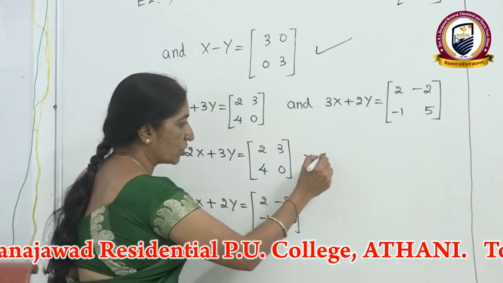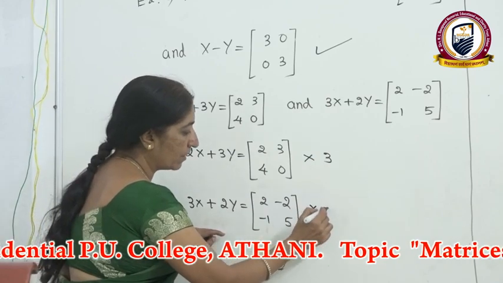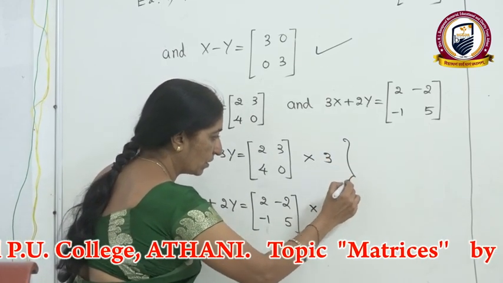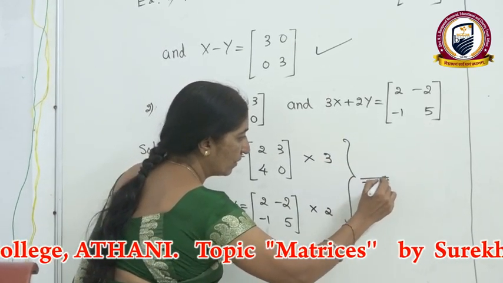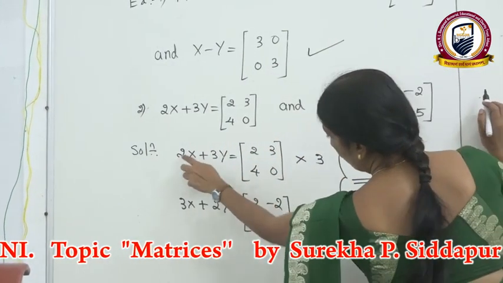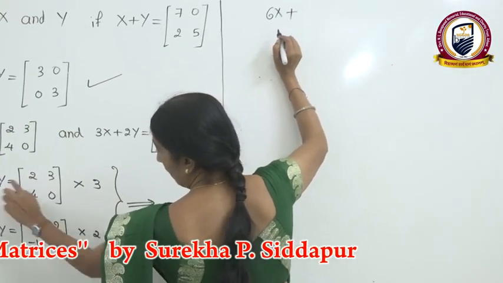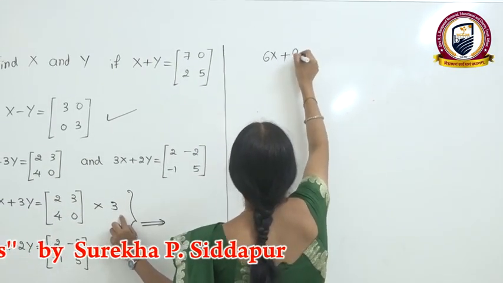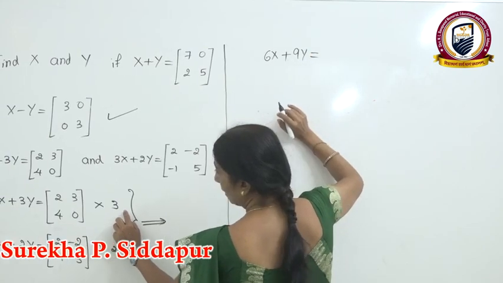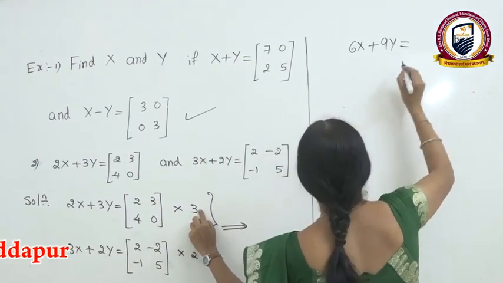This whole expression I am multiplying with 3 and this expression I am multiplying with 2. See, that means the new equation will be written like this. Each number is multiplied with 3. 2 into 3, 6. Then 3 into 3, 9 is equal to, here each number of this matrix will be multiplied with 3.